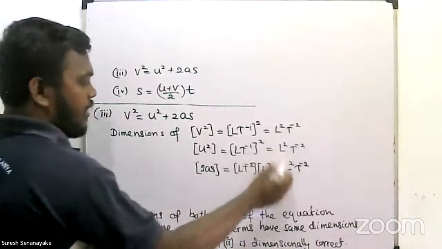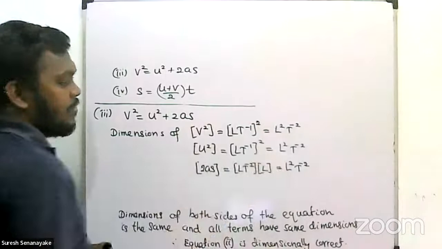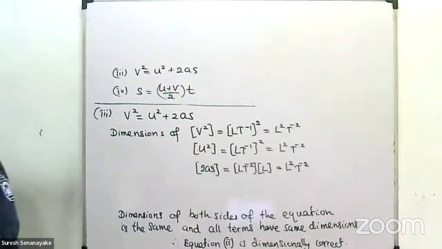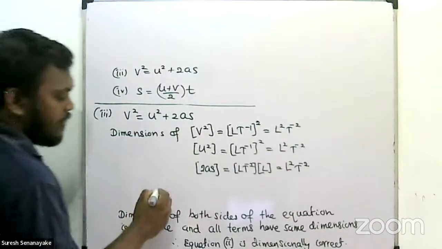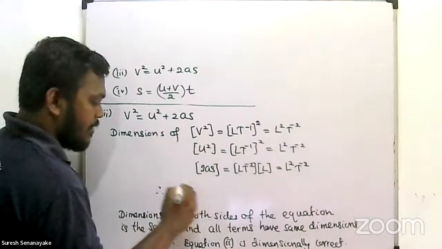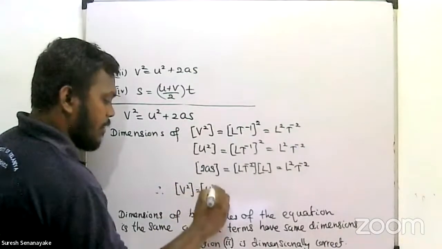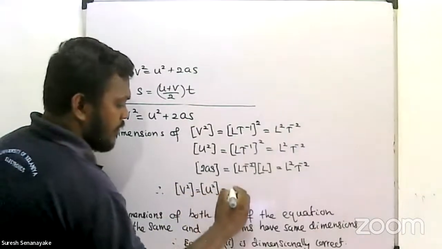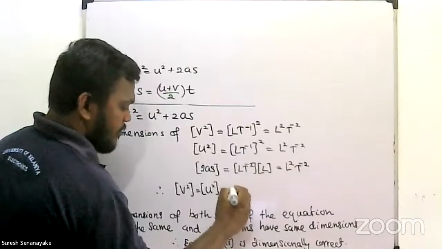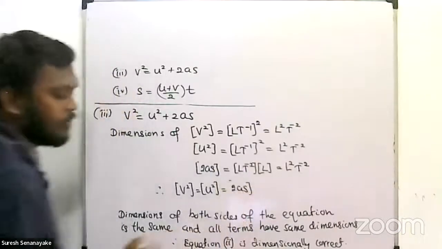So the three terms have the same dimension, L square T minus 2. Therefore you can write the dimensions of v square, the dimensions of u square, and the dimensions of the as term are equal.